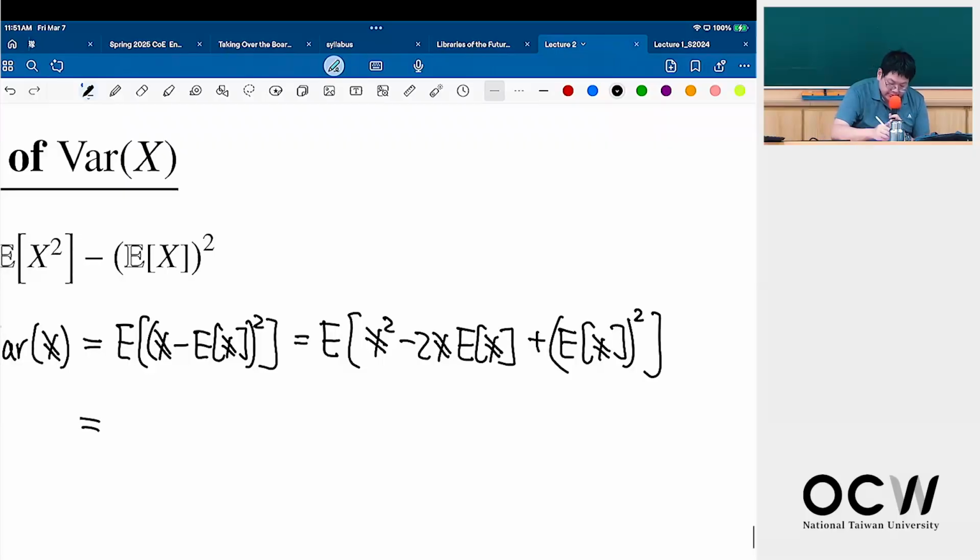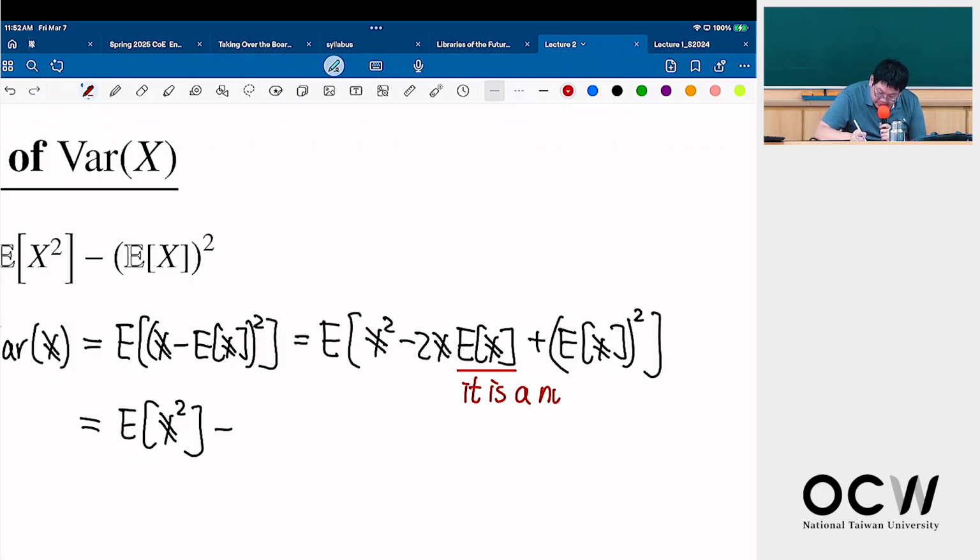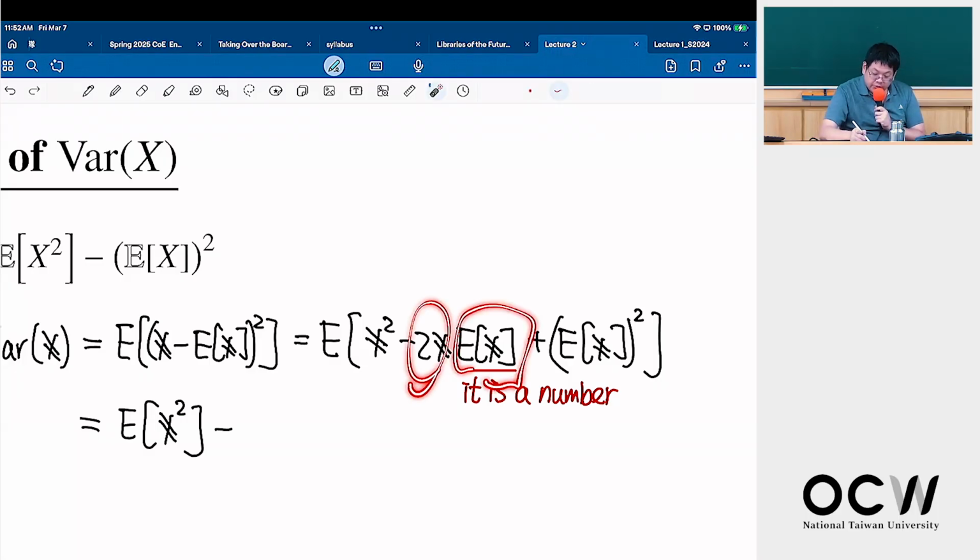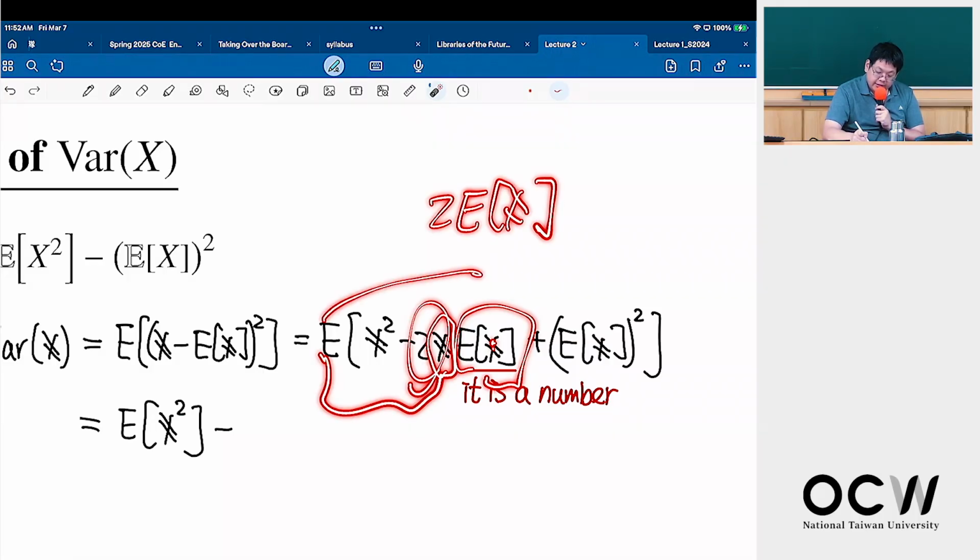From the linearity, we have the expectation of x squared minus, now remember that when we take the expectation, the mean is finally a number. If it is a number, it's like a constant, so I can put it outside, and then I take the mean again for this x.